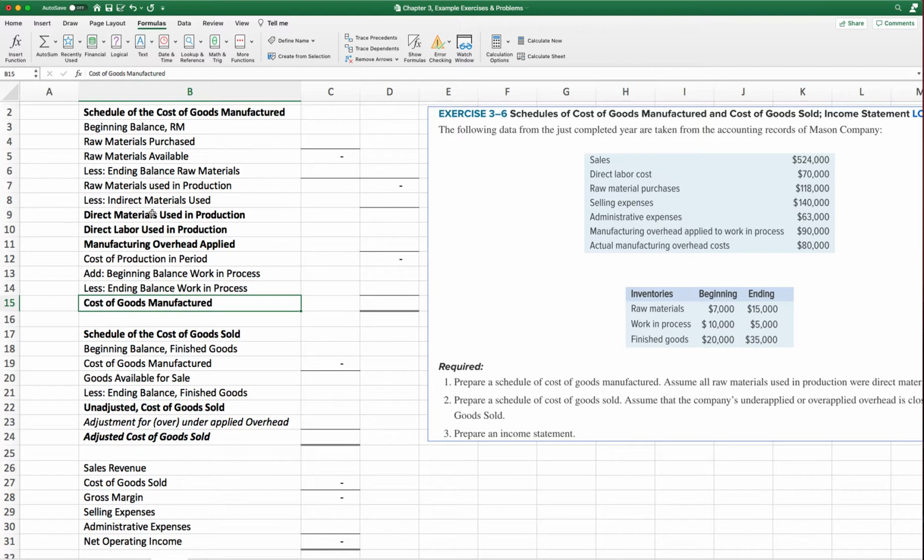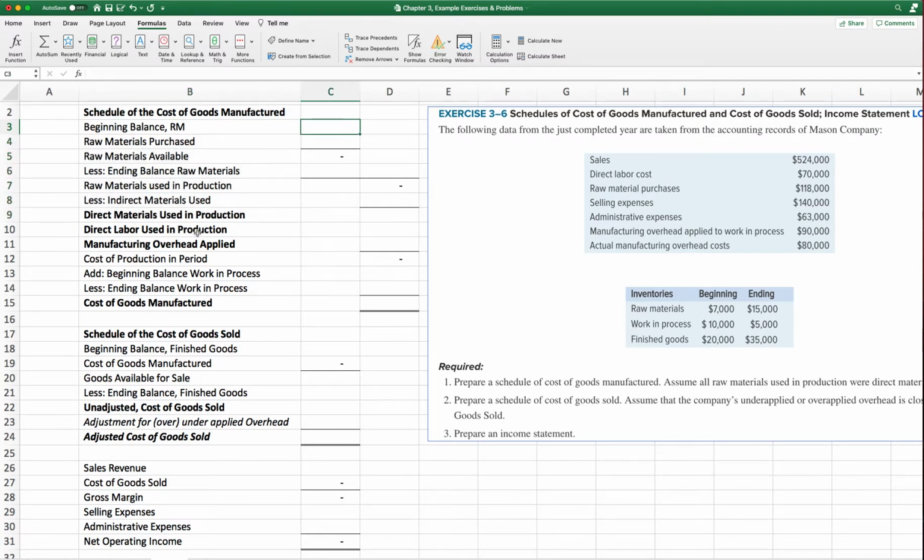So right here, I've got emboldened on the screen the direct materials used in production, the direct labor used in production, and the manufacturing overhead that was applied to production. This part right up here is figuring out how much raw materials were used as direct materials. Hope that makes sense to you.